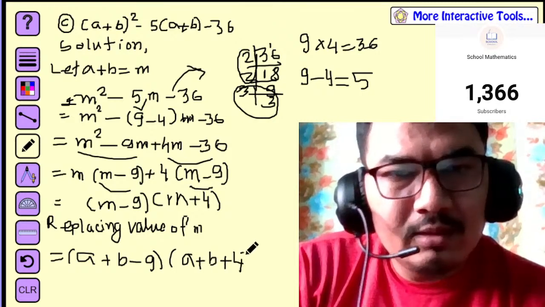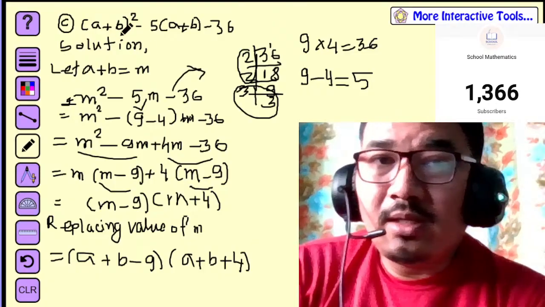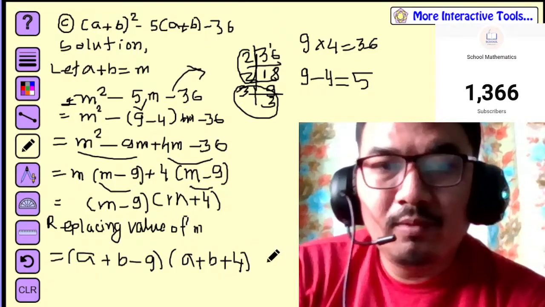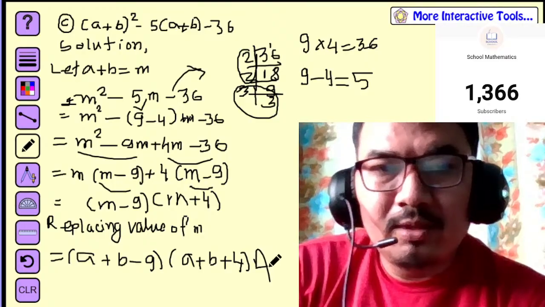These are the two factors of this expression. Like this we have to find out the answer of this factorization.